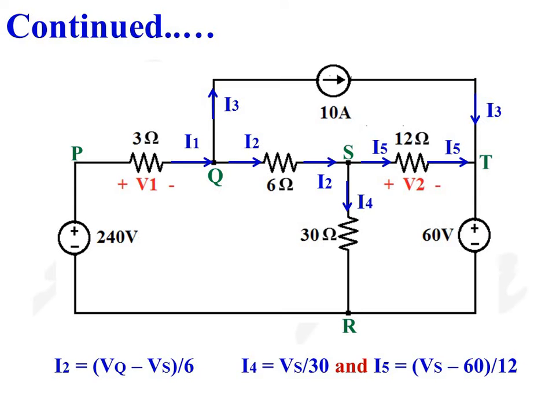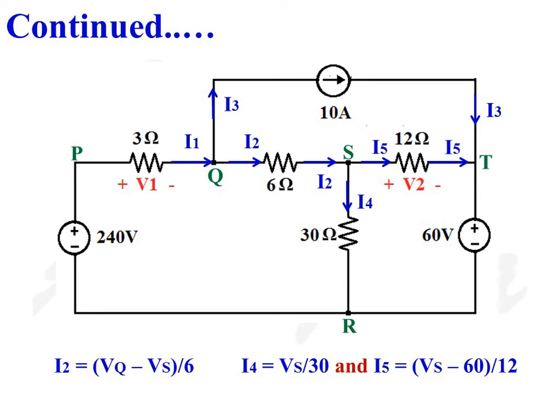I4 is equal to Vs divided by 30. According to Ohm's law, I5 is equal to voltage drop across 12 ohm resistance divided by 12. Voltage drop across 12 ohm resistance is equal to Vs minus 60.